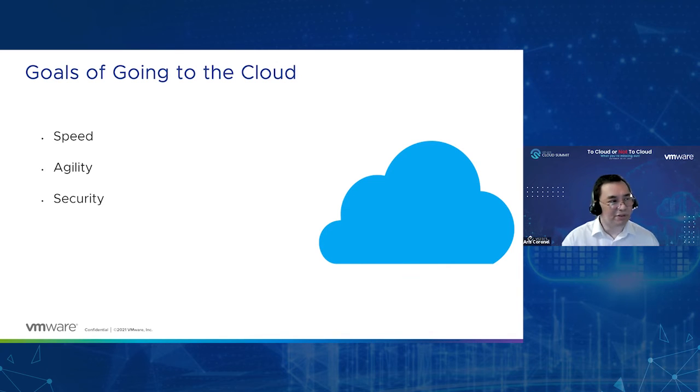You can even spin up more servers, if you like, to handle processing that may suddenly come up sporadically. And finally, the most important thing is that cloud can be more secure. Cloud makes security a lot easier than being on, for example, traditional on-prem infrastructure.